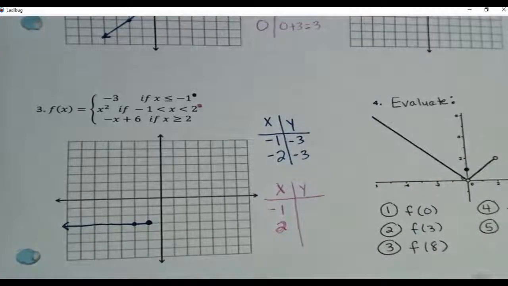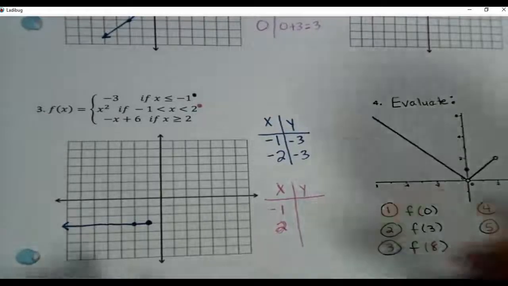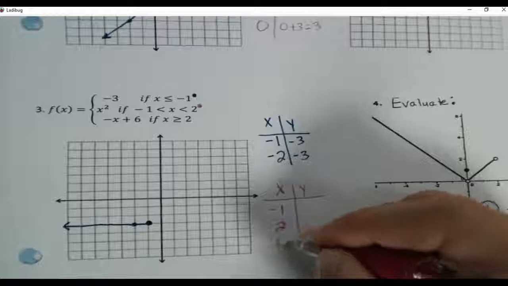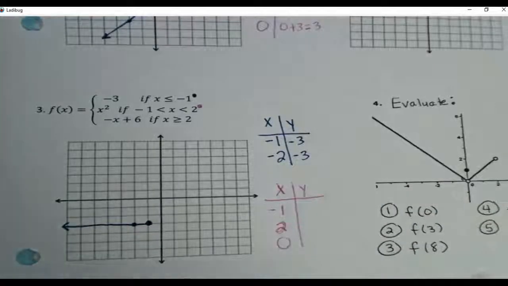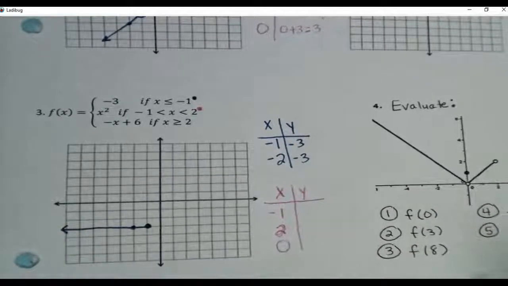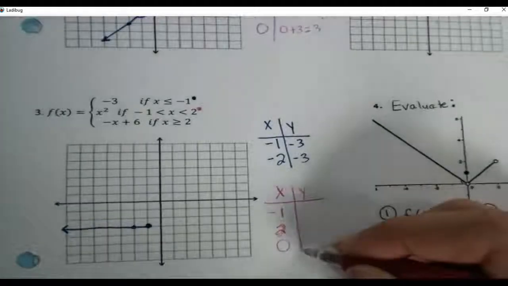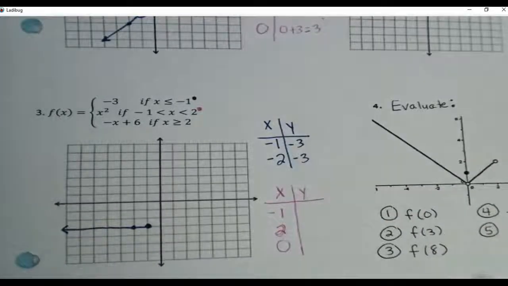Now, if it was a linear, we could just plot those and then we would be done. But since it's a quadratic, it's not going to just be a straight line. It's going to be a parabola. So we also need a number that's between -1 and 2. How about let's say 0? So then we plug them into x squared.